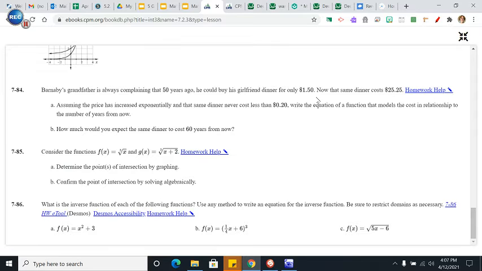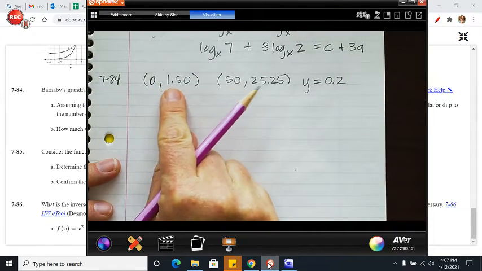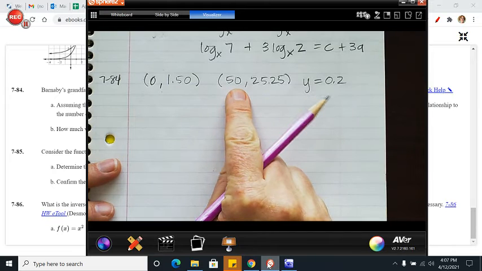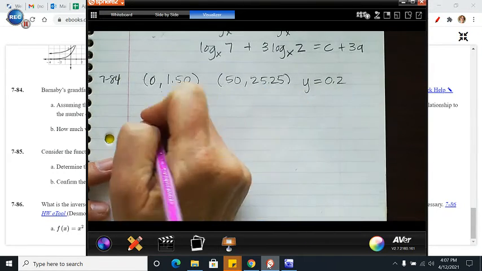I'm going to do 50 years ago. 0 is $1.50, and then 50 years later it's worth $25.25, and my asymptote is going to be y equals 0.2. So I'm using 50 years ago, it cost $1.50, so then 50 years from then it's $25.25, asymptote is 0.2.